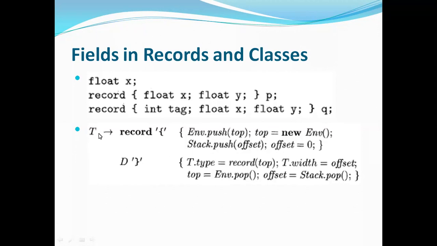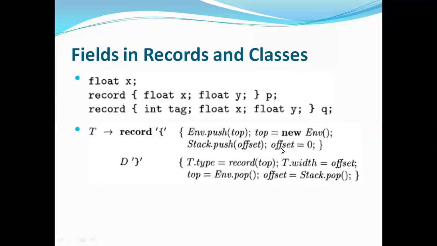T again has an attribute, the type attribute, and record. And when we are implementing this record data type, we need to use the stack. That means you need to perform the push and pop operations here. That means initially the stack is empty, right?